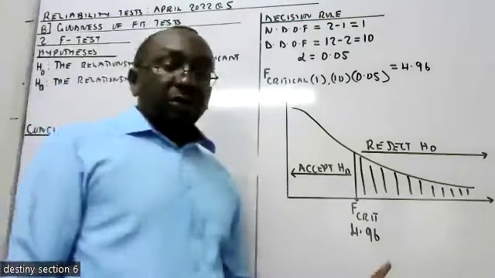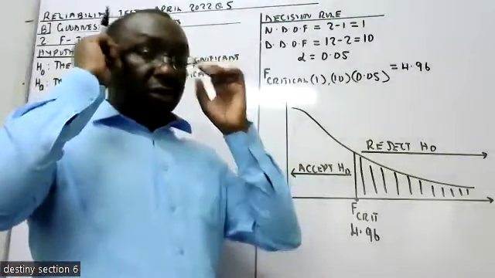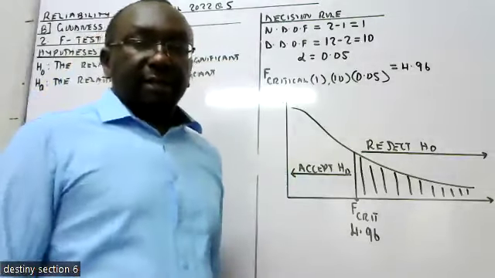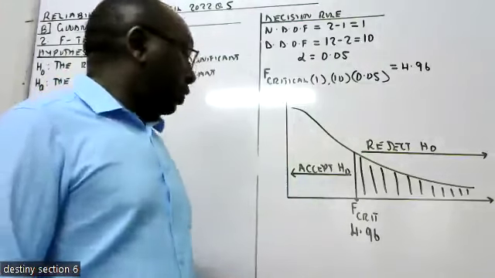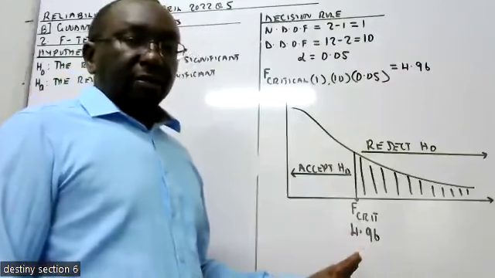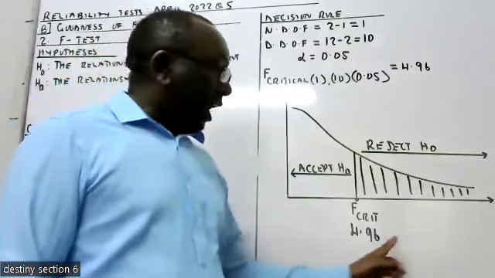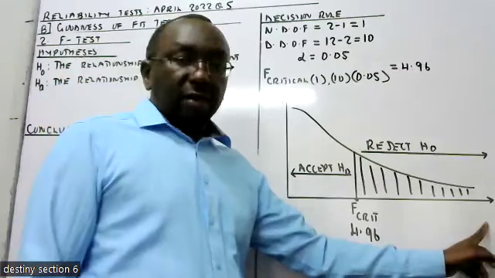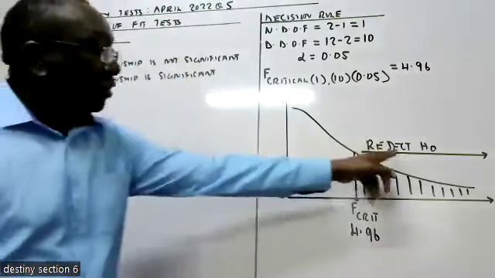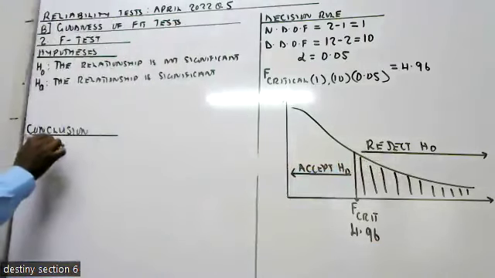And as I told you the other day when you were in the confidence intervals, and also when we did the hypothesis test, you check where your calculated value is. So our calculated value is on the upper side, so we are in the region of rejecting. So we are going to say reject null hypothesis.